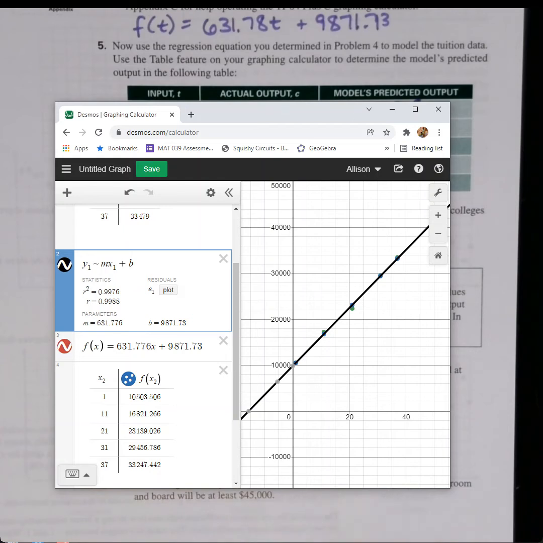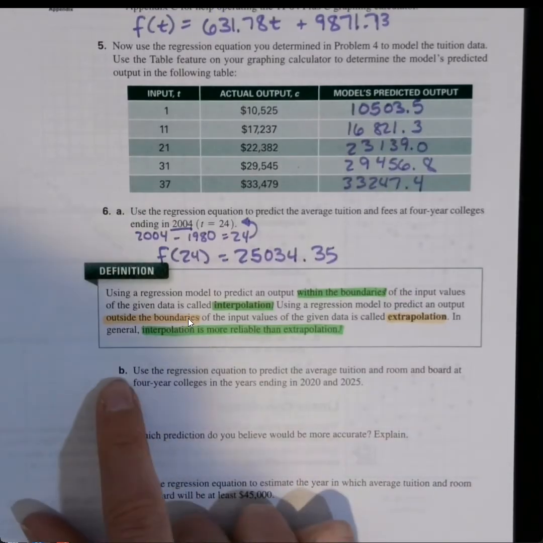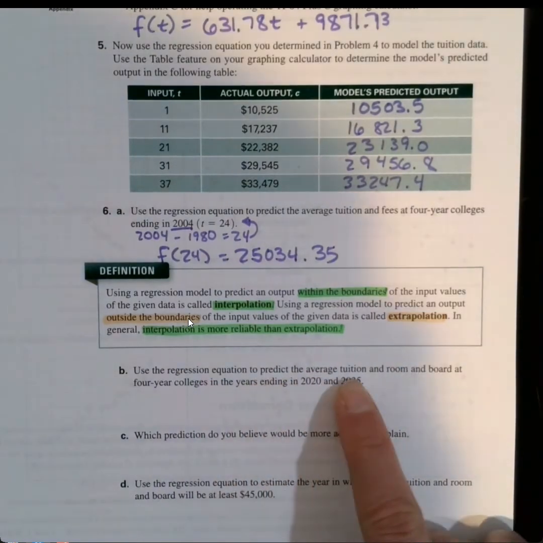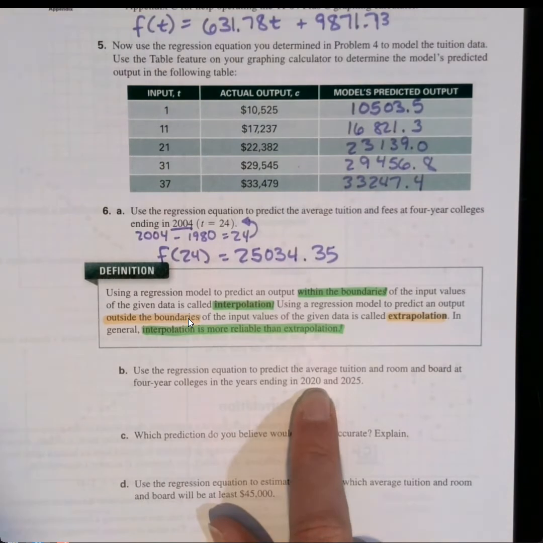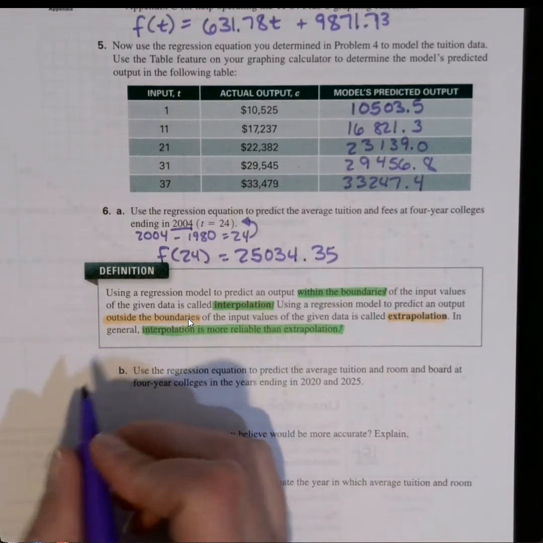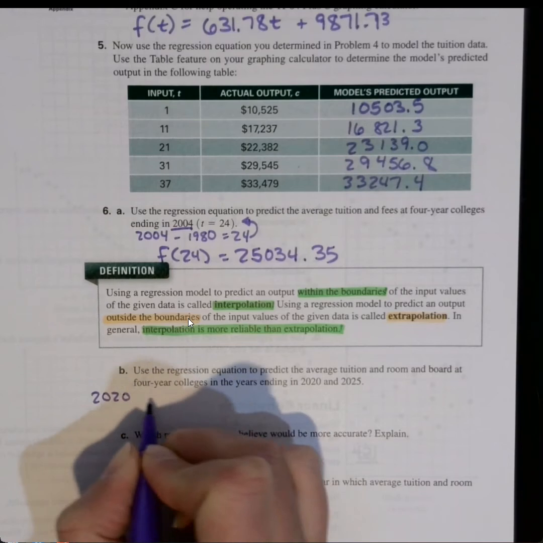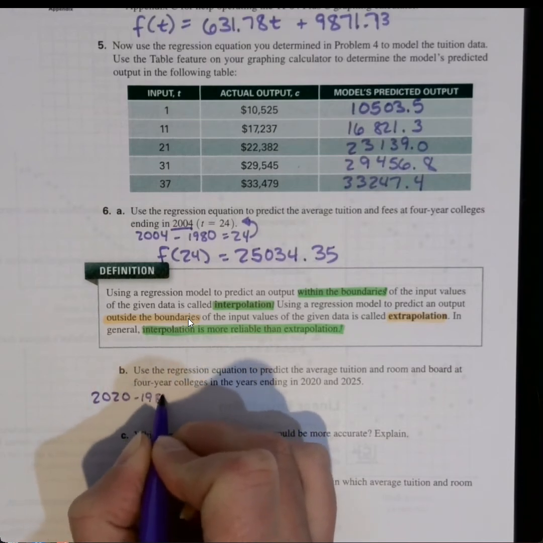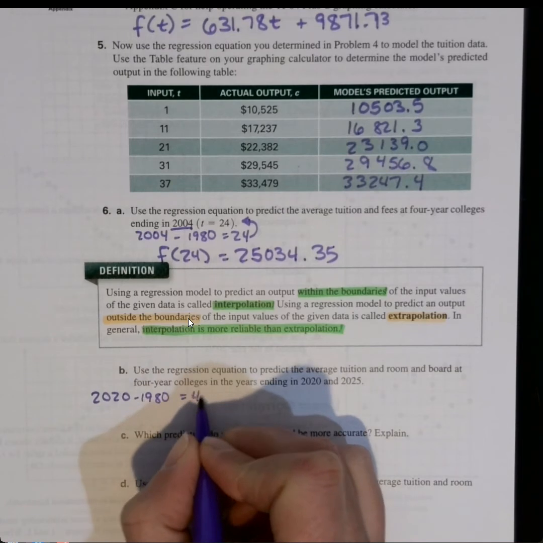Okay, so moving back to part B here, use the regression equation to predict the average tuition for years in 2020 and 2025. So first of all, I need to figure out what my input value is going to be for these. So for 2020, if I subtract 1980, that would be an input of 40.